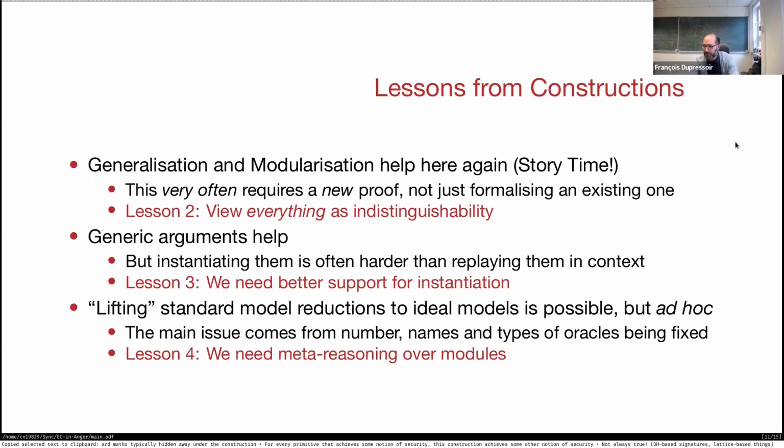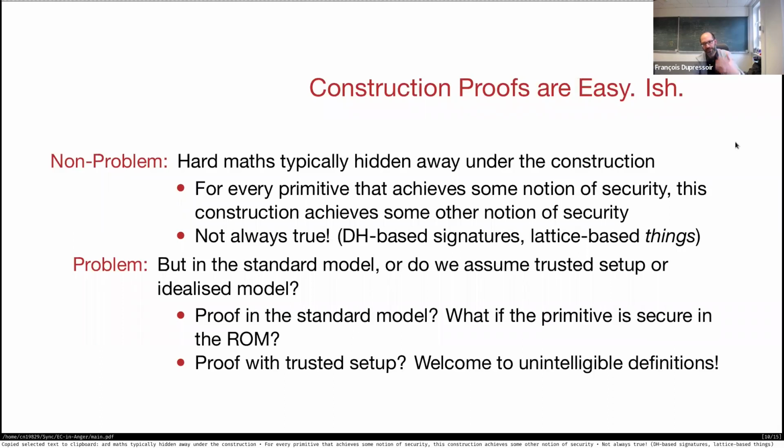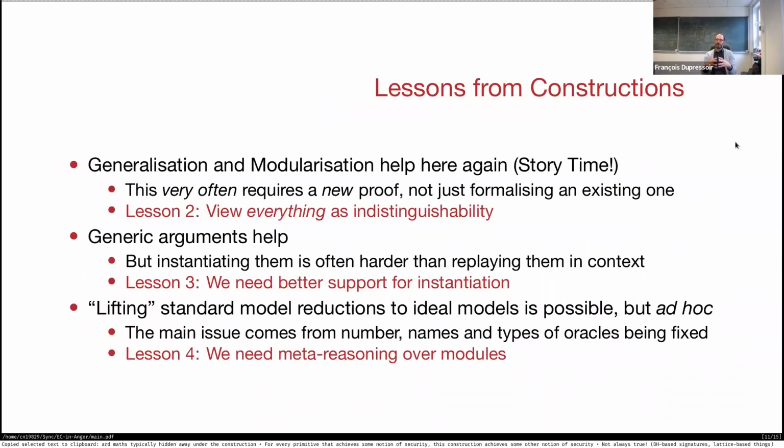And then there's this last problem that I was talking about: picking a model in which to do the proof for the construction so that it can be lifted to the random oracle model. This is possible to do, but it's very ad hoc. For each construction, you'll need to do that lifting separately and independently from all the other ones. The main issue there comes from the fact that the lifting essentially needs to be parameterized by what oracles are being exposed to the adversary. And we can't do that in EasyCrypt at the moment.